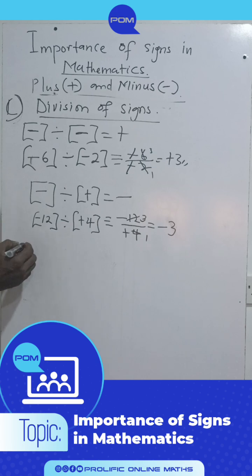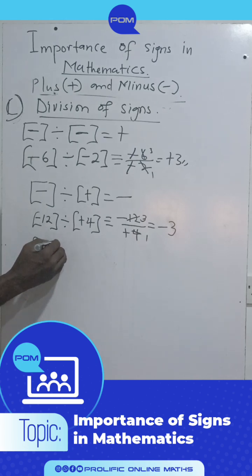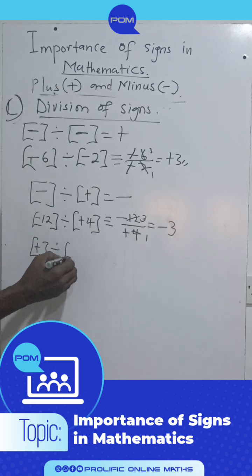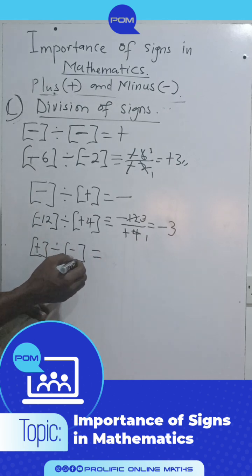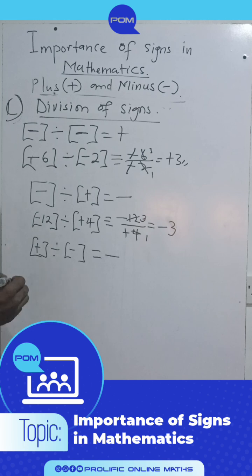Likewise, when you have a positive divided by a negative sign, it will give you negative as well.